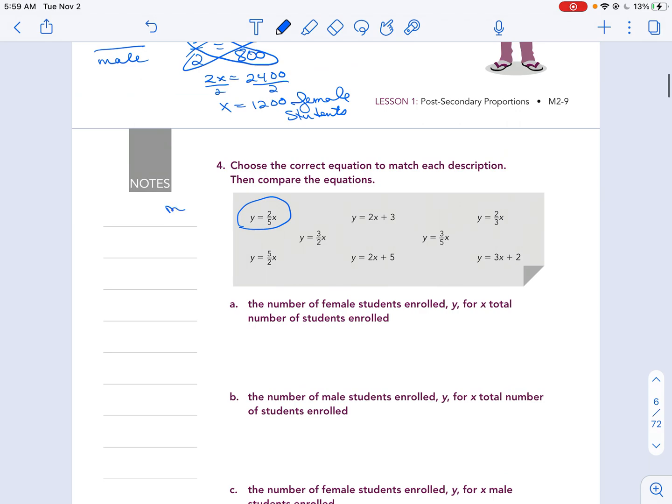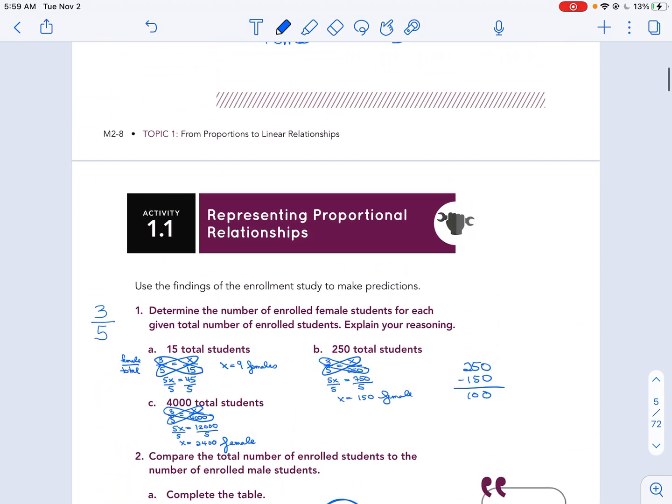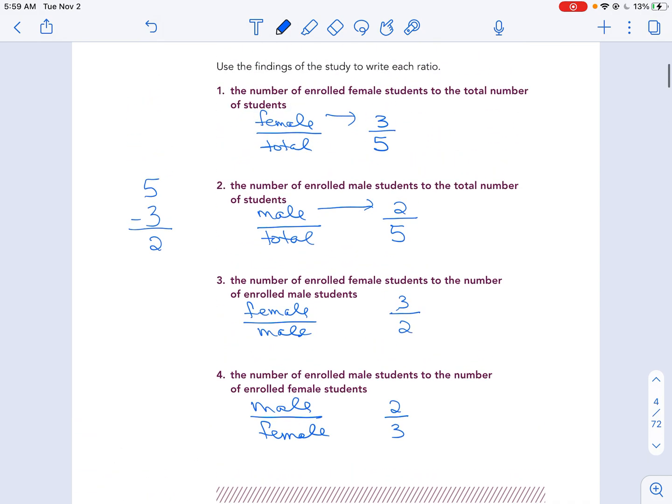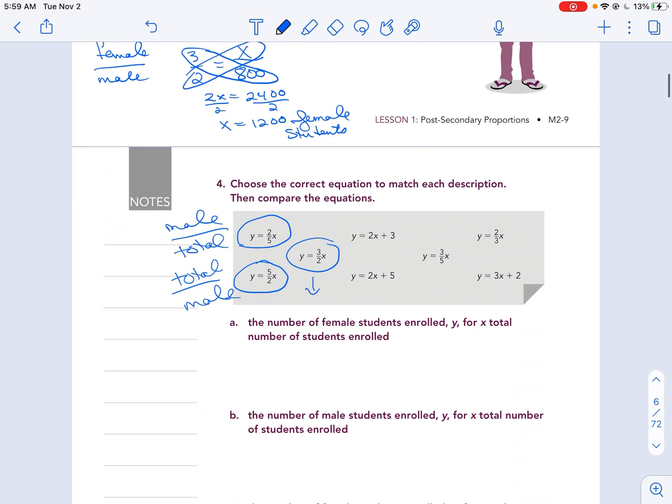So this one is male to whole, or total. If I was talking 5 to 2, this would be total to male. 3 to 2, well, I don't remember that one off the top of my head, so I'm going to come back here. 3 to 2. Oh, that was female to male.